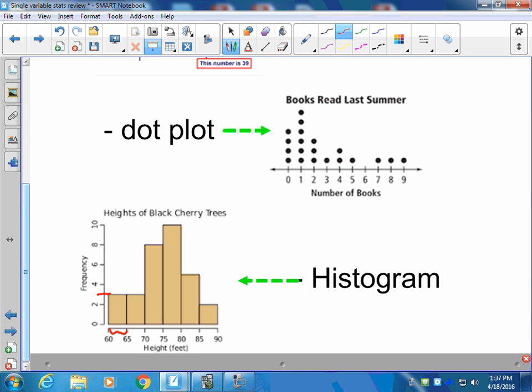We don't know if those values are all 60s, all 65s, or a couple of 62s and a 61. That is the problem with a histogram: we lose individual values, compared to a dot plot where I look at this graph and I know that I have 4 zeros in that space.